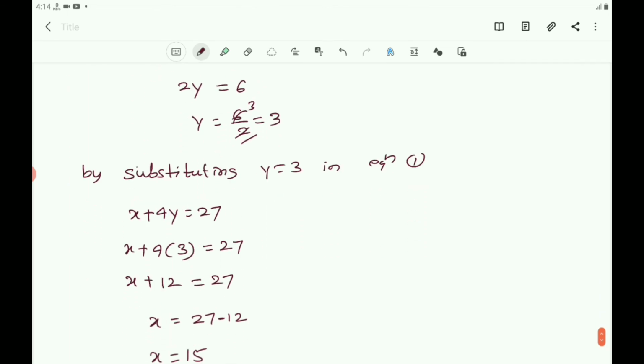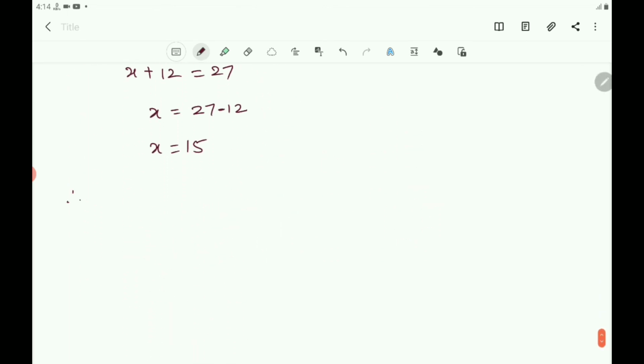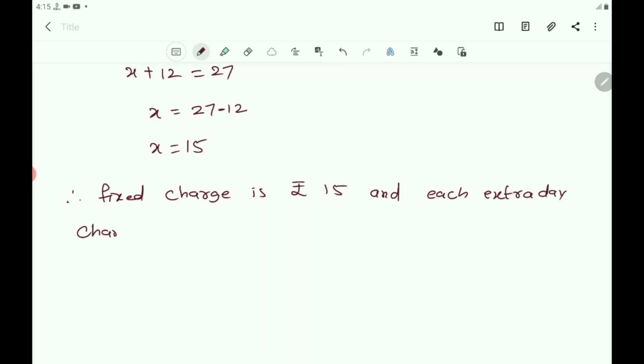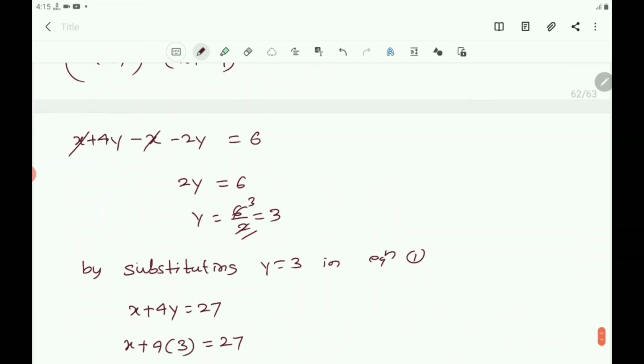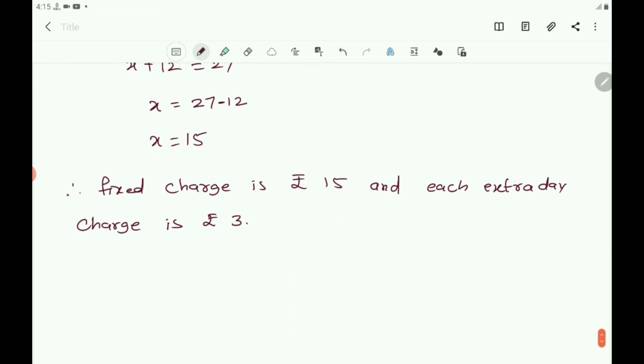Therefore, the fixed charge is rupees 15 and each extra day charge is rupees 3. Here y equals 3 is the extra day charge.